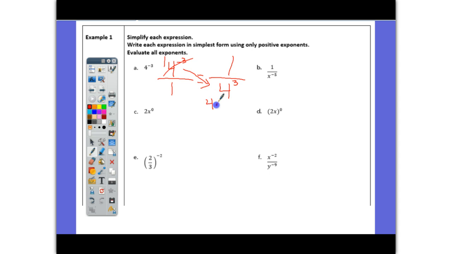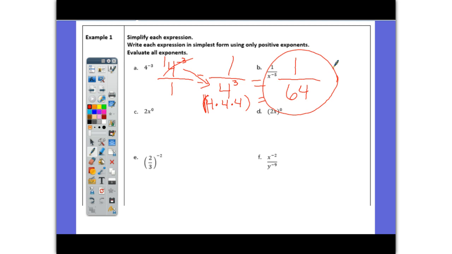That means 4 times 4 times 4, which equals... 4 times 4 is 16. 16 times 4 is what? 64. So that is 1 over 64. It's in the denominator, so you can't have just 64 in that case. It's 1 over 64.